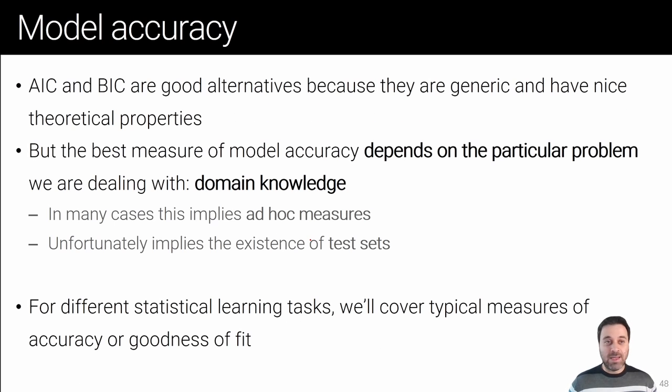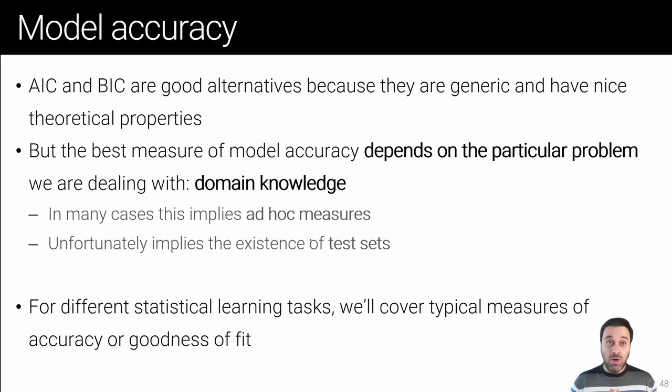Those are good alternatives because they are generic and they have nice theoretical properties that we will not get into here. But always the best measure of model accuracy depends on the particular problem, on the particular reality we are modeling. And this is again a place where we have to apply domain knowledge.